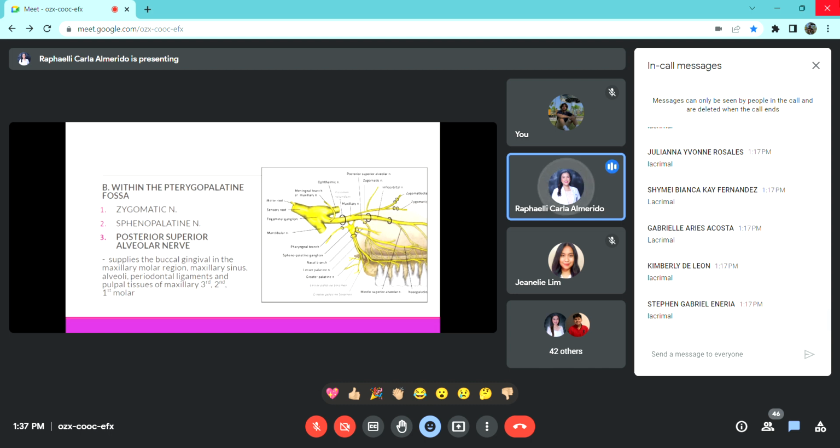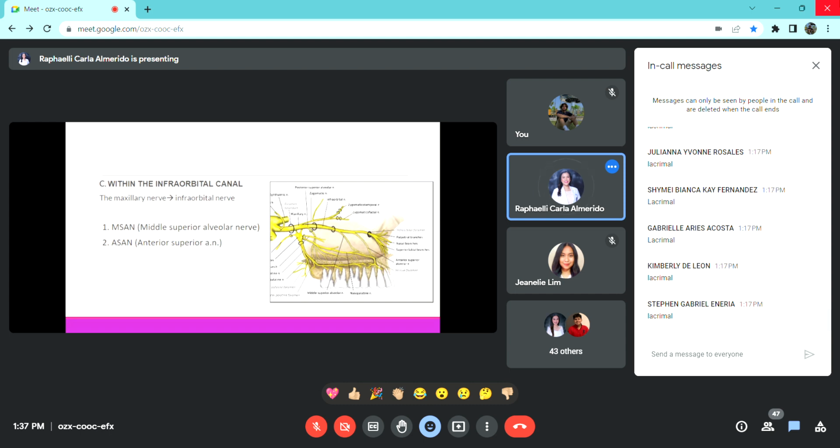So, why is it important to us? Kasi, again, when you extract any maxillary molar on the buccal region, it is supplied mainly by PSAN, or your posterior superior alveolar nerve. So for the first molar, it is shared by your MSAN, or the middle superior alveolar nerve.